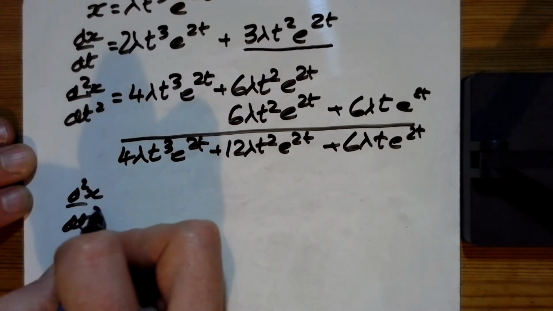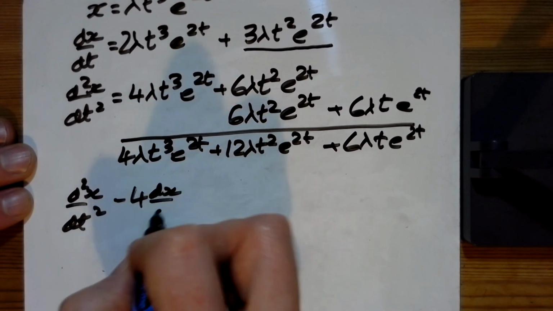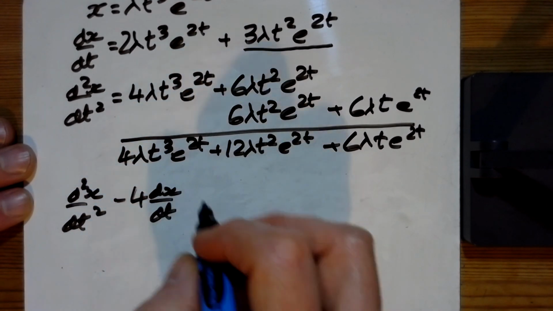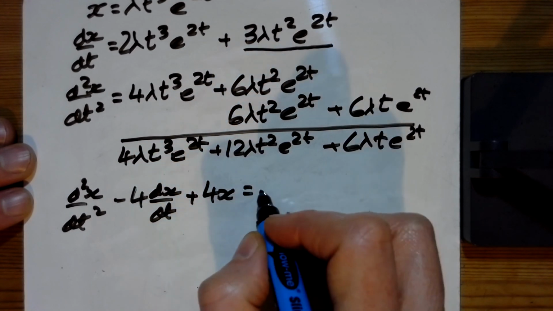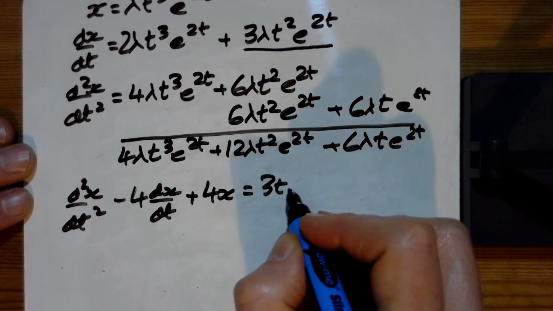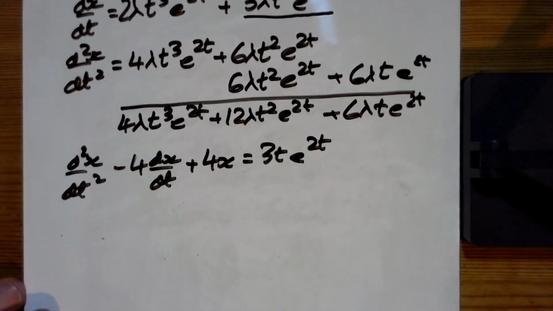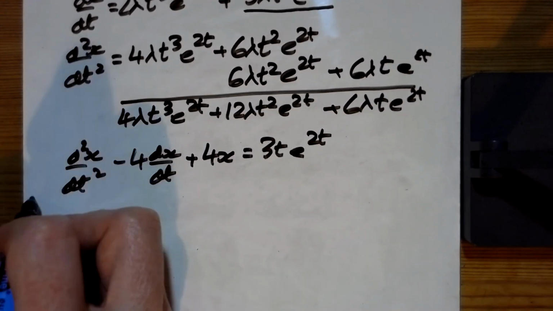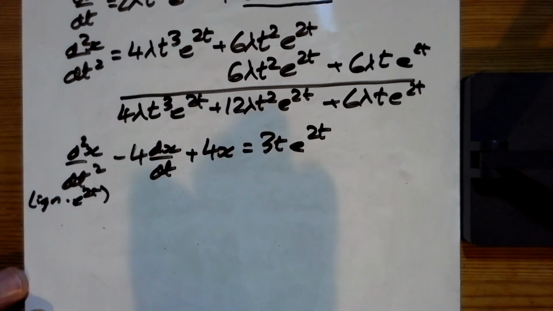d2x by dt squared minus 4 dx by dt's and then plus 4x, and we want that to equal 3t e to the 2t. Right, I'm going to ignore all the e to the 2t's here, ignoring the e to the 2t's to try and make this easier.